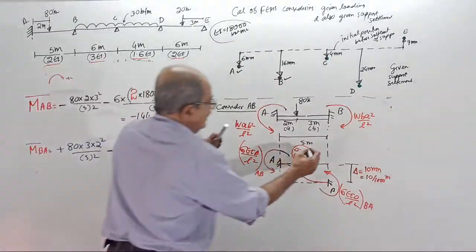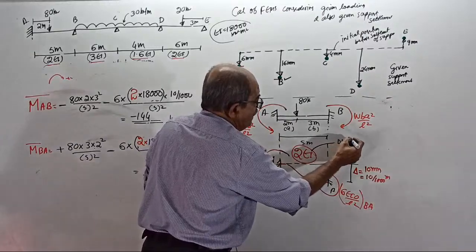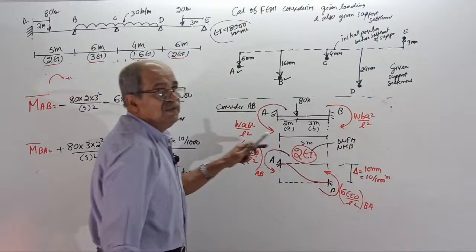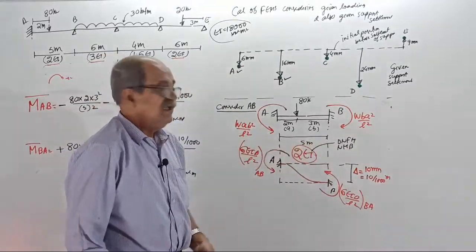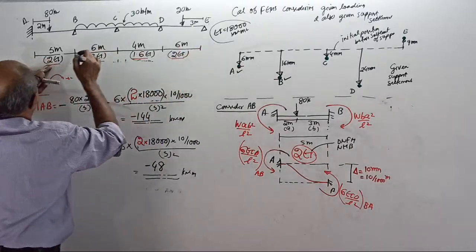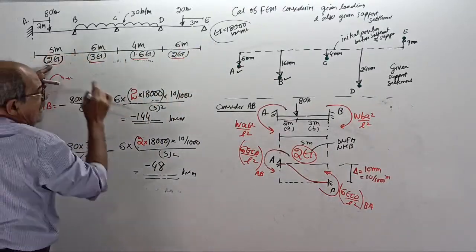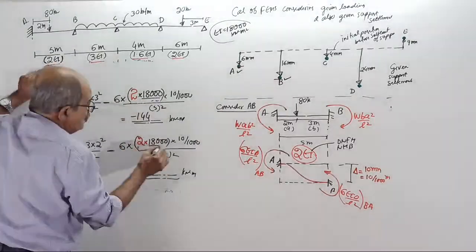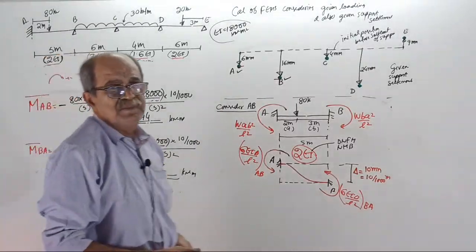Be very careful. General EI is 18,000, but it has got 2 EI here. Therefore, you have to write 2 times of 18,000.